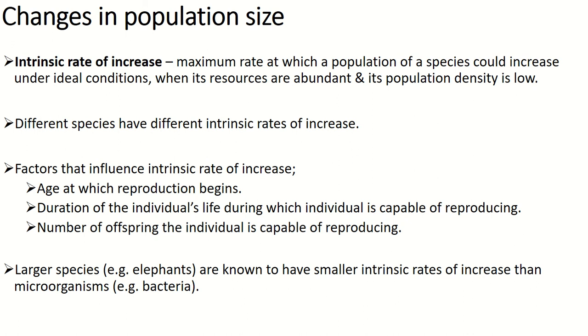And those are factors that affect the ability of a population to increase in size. Considering larger organisms, like elephants, they're known to have a smaller intrinsic rate of increase compared to microorganisms like bacteria because of those factors.